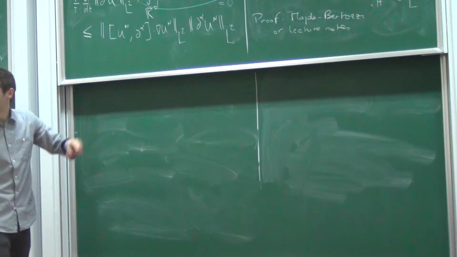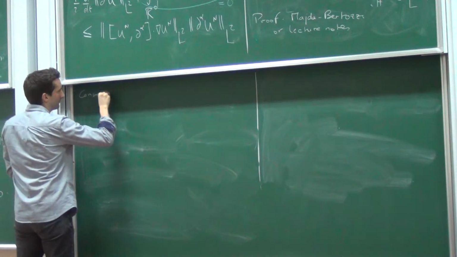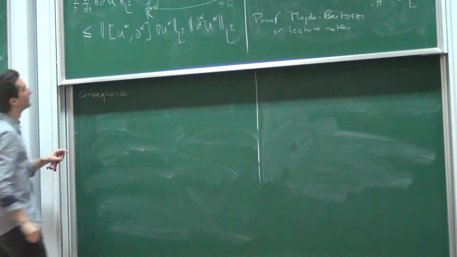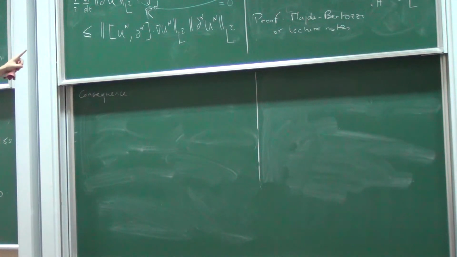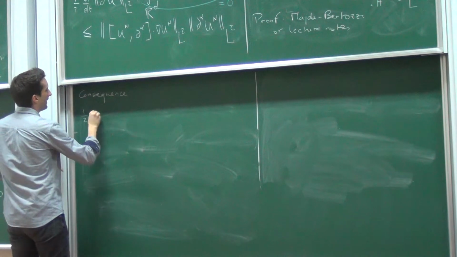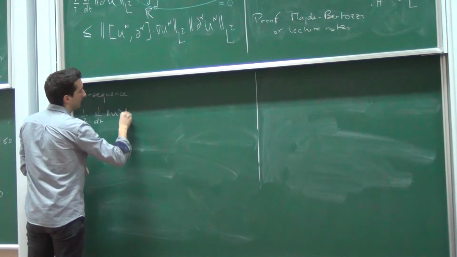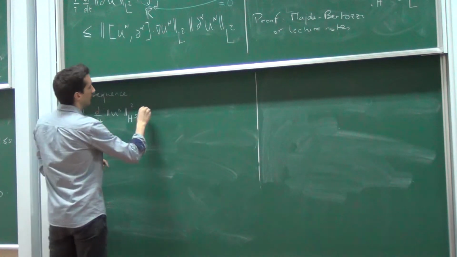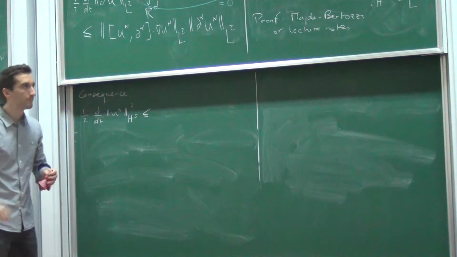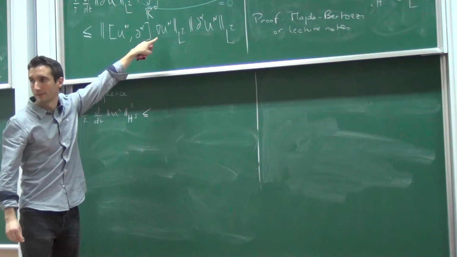Okay, consequence of this commutator estimate on our energy estimate. So you see that we have that 1/2 of d over dt of the Hs norm squared will be less than, so I apply the commutator estimate for this guy.